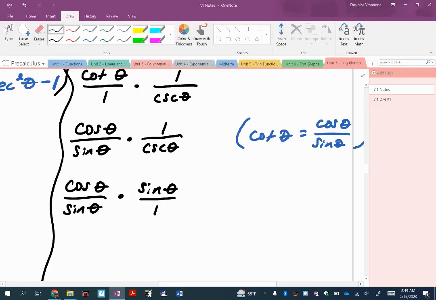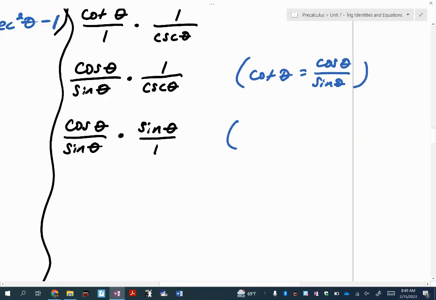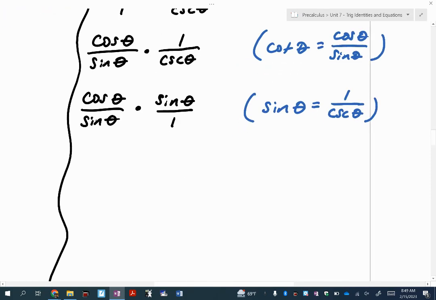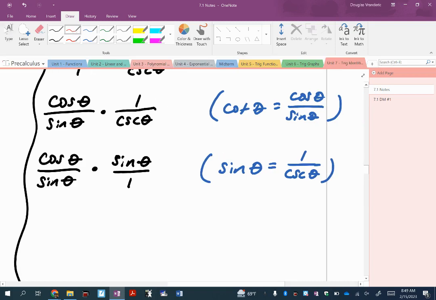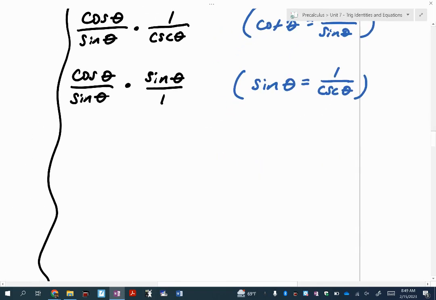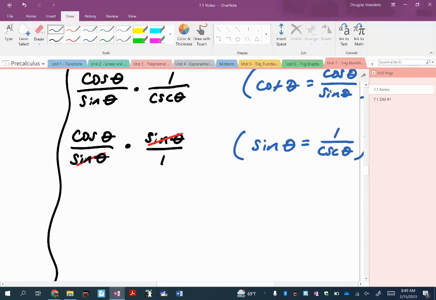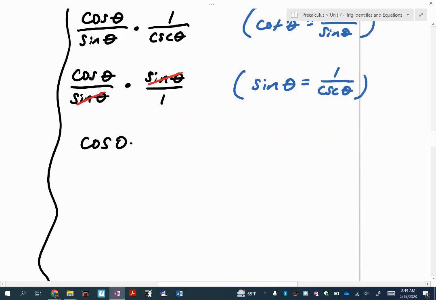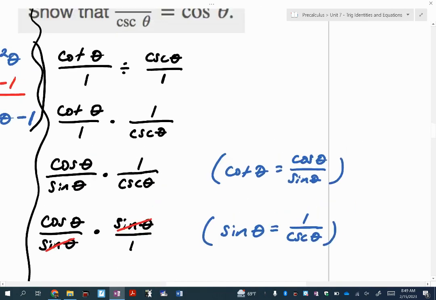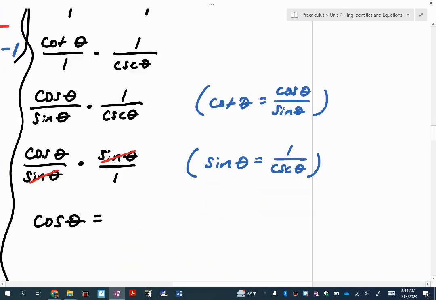All right, so that one I used. Again, kind of like the last one, I don't care the order that you write it. So I'll change the order this time to see if we're okay with it. So sine of theta equals 1 over cosecant of theta. Okay. Now, if I look to my diagonals here as I multiply, I can cross out sine of theta over sine of theta and just end up with cosine of theta, which is the right-hand side. That's what I wanted.